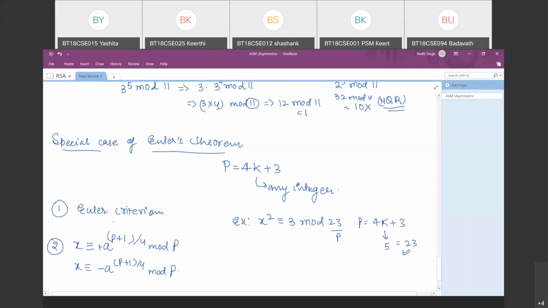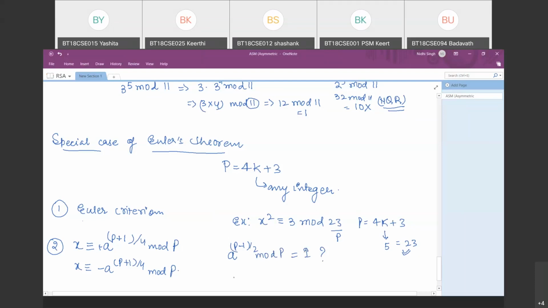So in that case, first you have to check whether a solution is possible or not. For the solution to be possible, we have to compute a to the power (p minus 1) divided by 2 mod p, and check whether this value is equal to 1 or not.